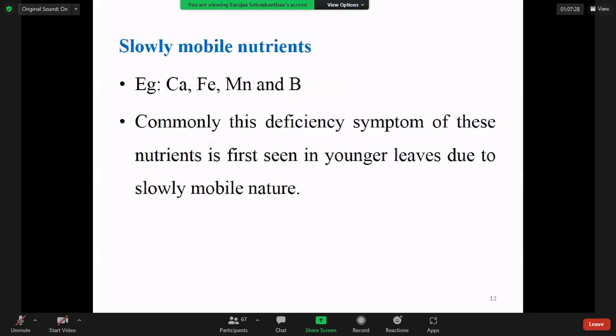Then, what are slowly mobile nutrients? Do their deficiency symptoms occur in the younger leaves or the older leaves? For slowly mobile nutrients you see the symptoms first in younger leaves, but if it is highly mobile, it is the older leaves.